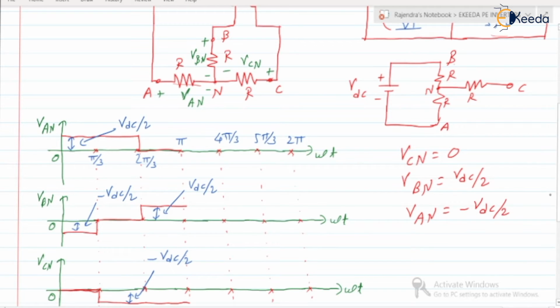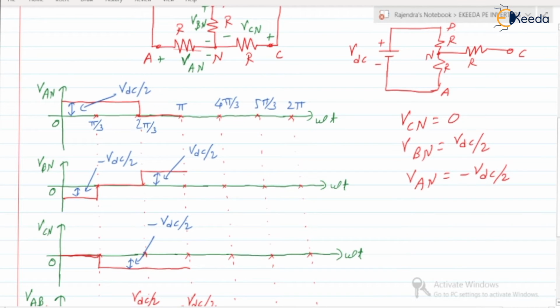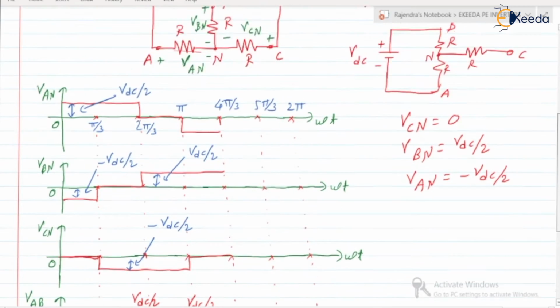So during the fourth interval, VAN is minus VDC by 2, VBN is plus VDC by 2, and VCN is 0. This is during the fourth interval.